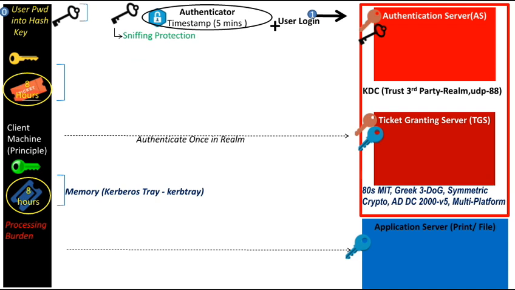So this protects against anyone sniffing on the network for the password. Nobody can make out what the password is, since it is not communicated on the network. Only the user ID is in clear text, and the authenticator is encrypted with the password hash.